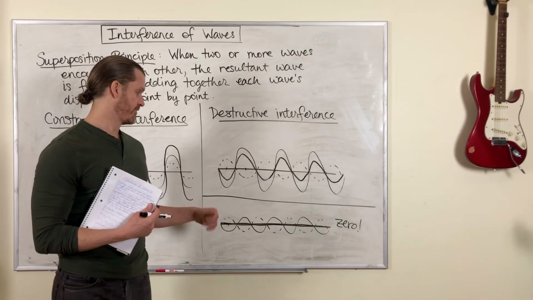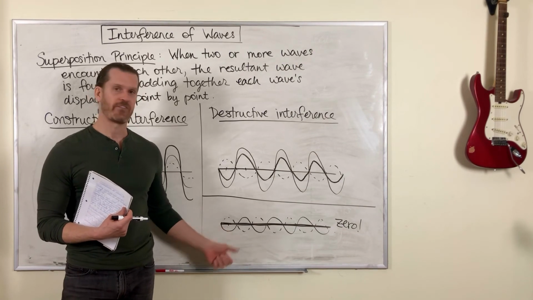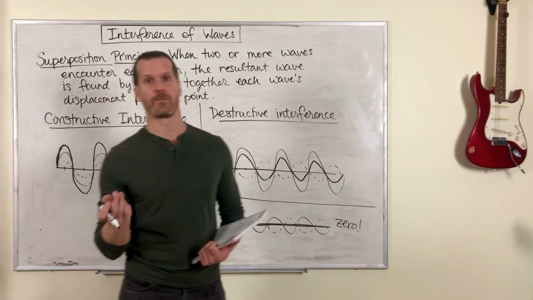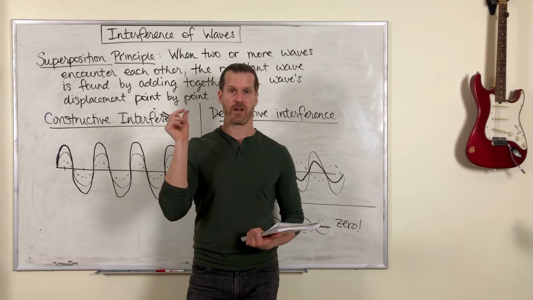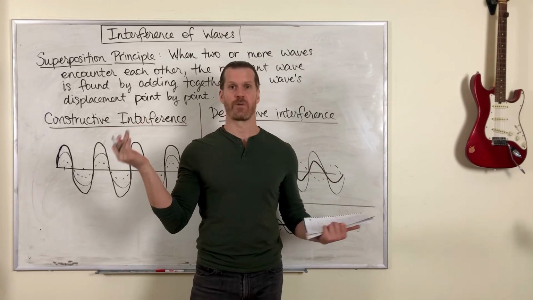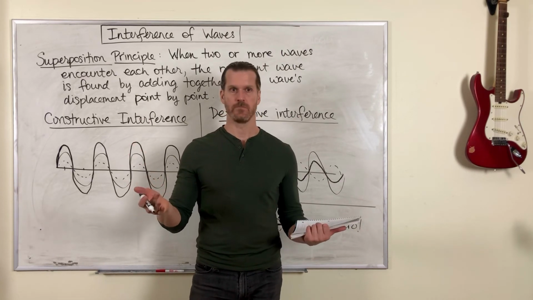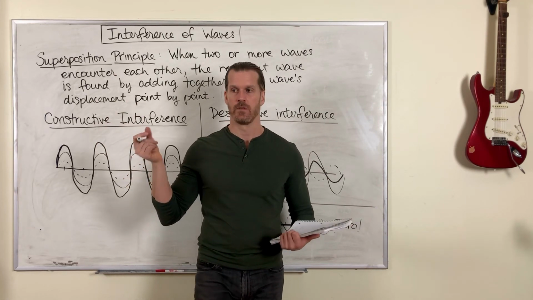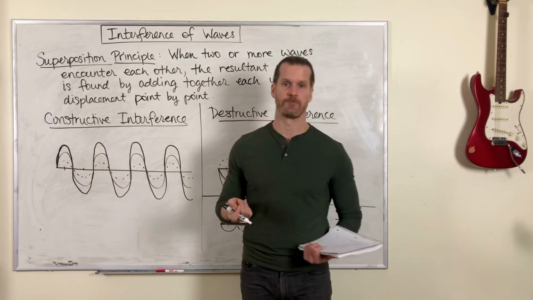And if you've ever used noise canceling headphones, this is how that works. Noise canceling headphones have a microphone on them. That microphone listens to the sound that's around you from the environment, like the air conditioner in my house right now. It listens to that sound or conversations of people around you.